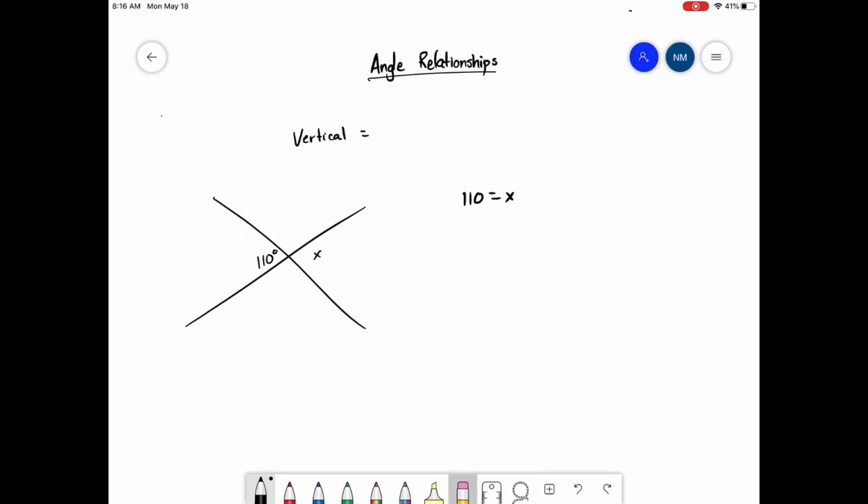If it's a little more complicated than that, and I know that one side is equal to 3x plus 2, and the other is equal to 2x plus 5, I simply set those two expressions equal to each other.